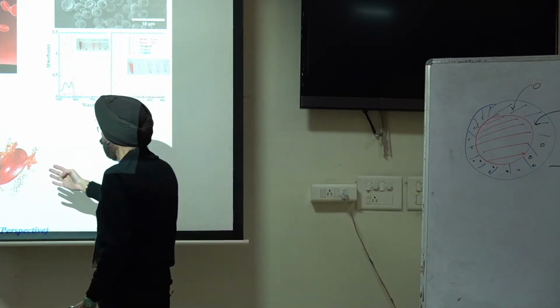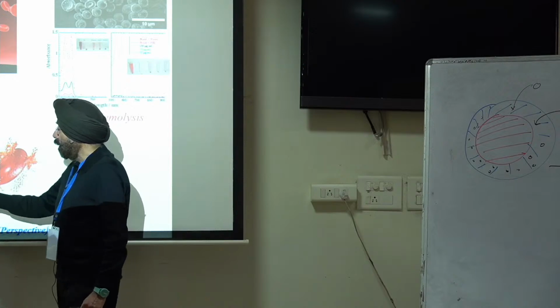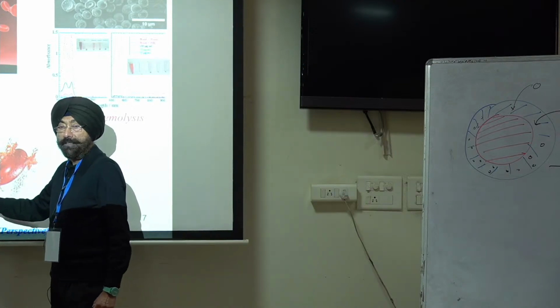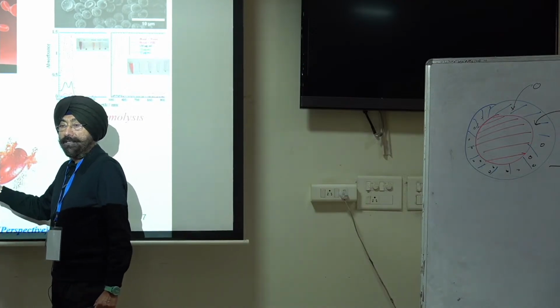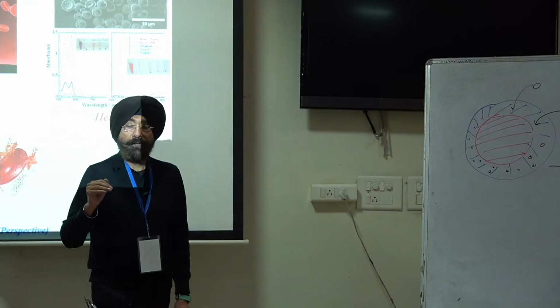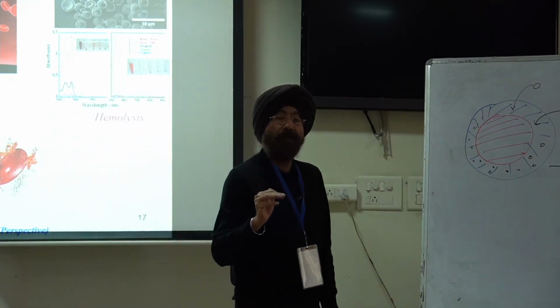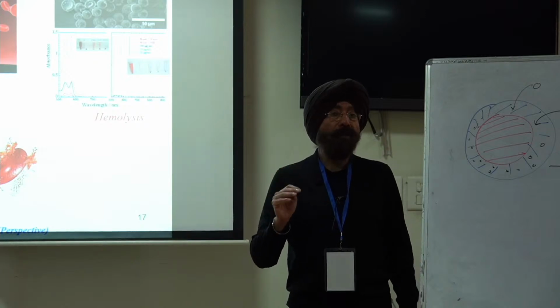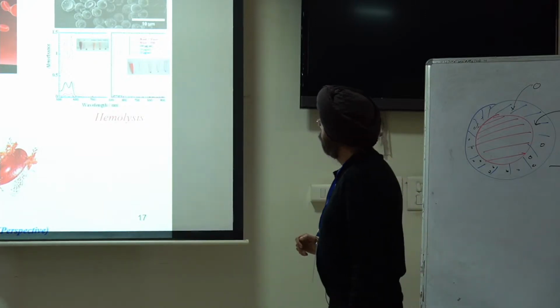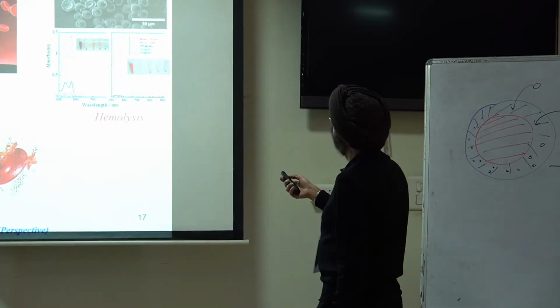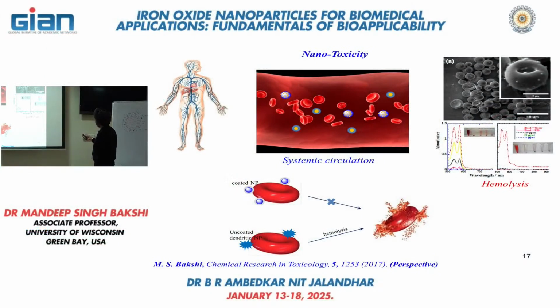as hemolysis. When we break the blood cell, the process is known as hemolysis. So the main objective for the nanoparticle that is going to be used for biomedical application is that hemolysis must be avoided. So you could see over here, in this image, the nanoparticles are attached to the blood cell, but they are not breaking the blood cell, right?